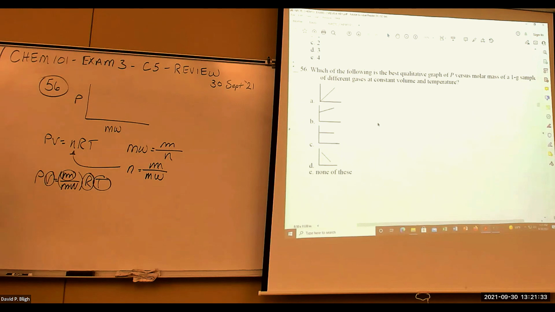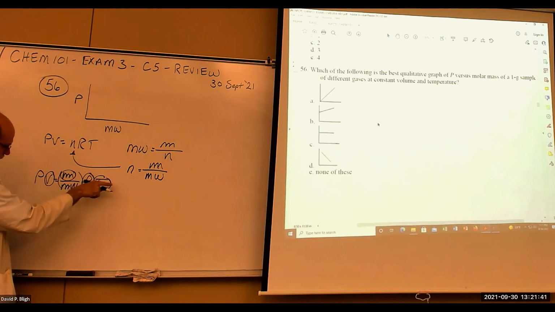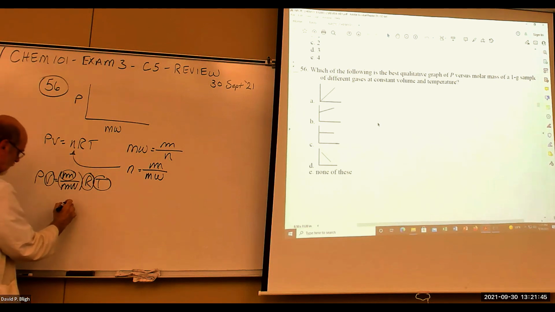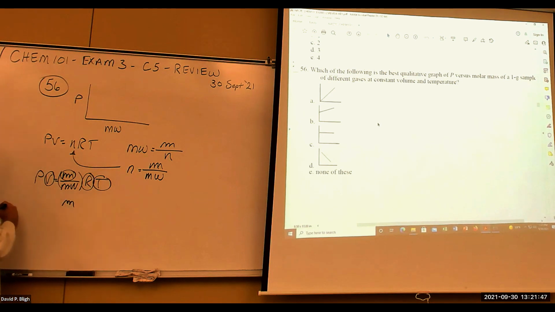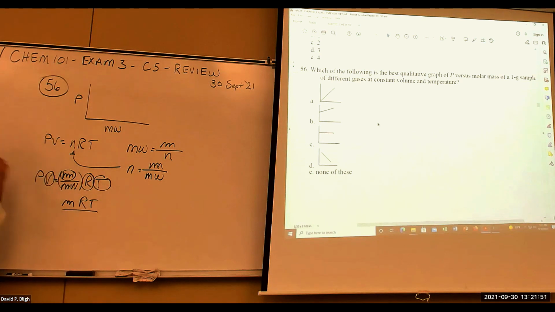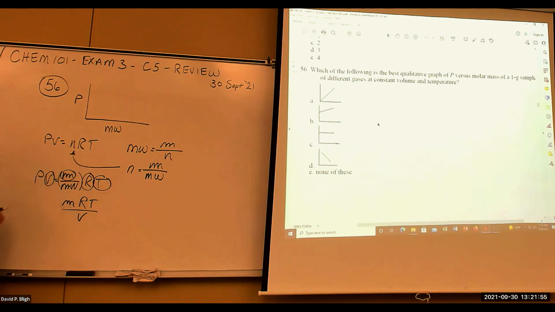So they're all constant. Let's put all the constants on one side of the equation and see what we get. So this MRT is over here. Let's put V over there. So if we keep M in the numerator, R in the numerator, T in the numerator, and bring V over here to the denominator, right? What do we got left?